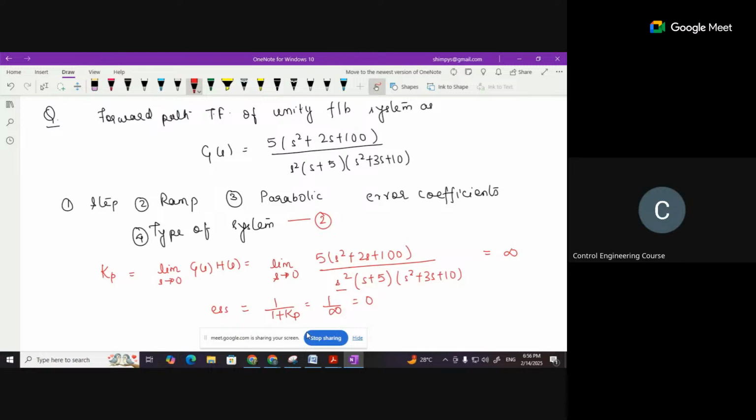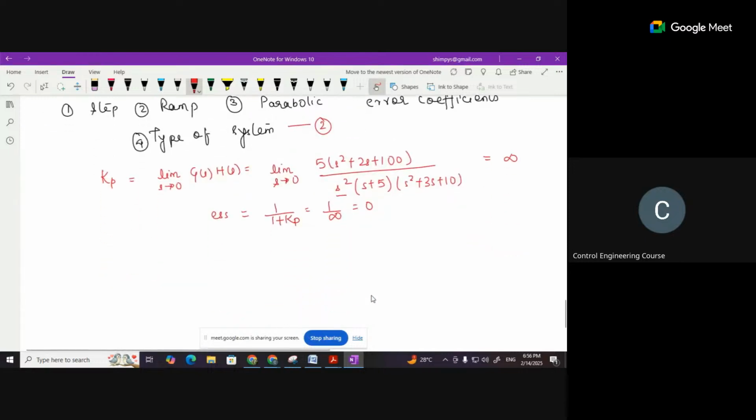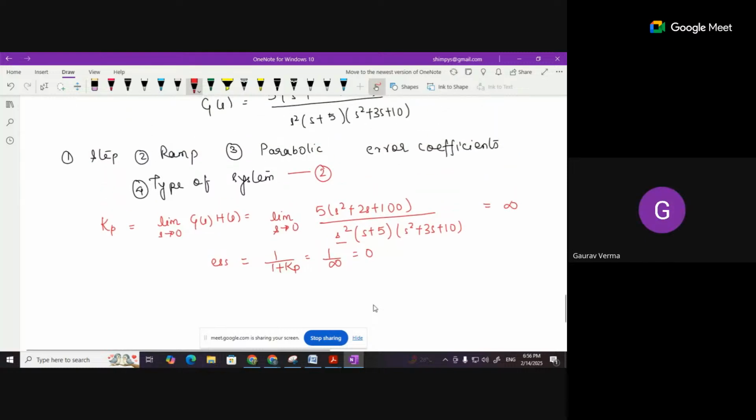What is the interpretation of this? Can anyone tell? It tracks the step input without any error. Exactly, the way the input was provided, it will match that without any error. You can say this is an ideal tracking condition, right? As in radars. Good. Next you have to find out for ramp.